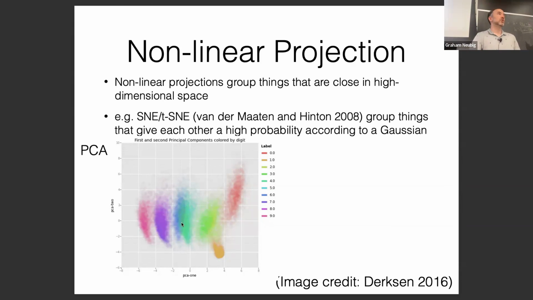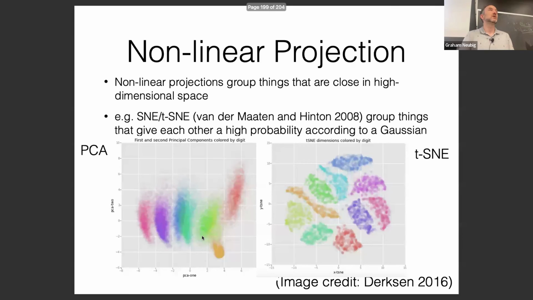And you get this very blurry thing where a lot of the numbers blur together. And so despite the fact that if you actually looked at the images of the numbers, you would be able to tell the difference between them, they blur together when you do this sort of linear decomposition.